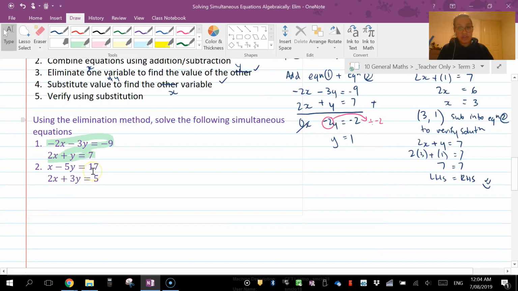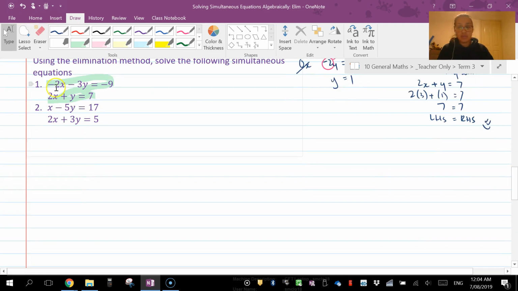Sometimes though, if you have a look at question 2, so these ones here, you will see that if I lined these up and I did an addition, I would get negative 2y and I would get an x.